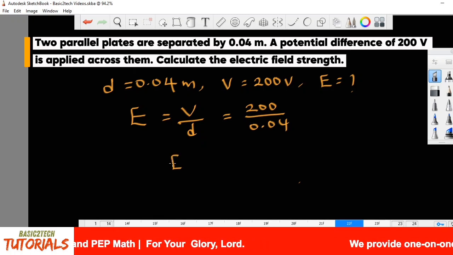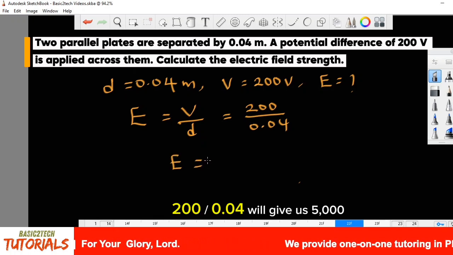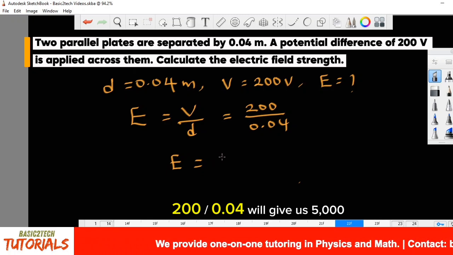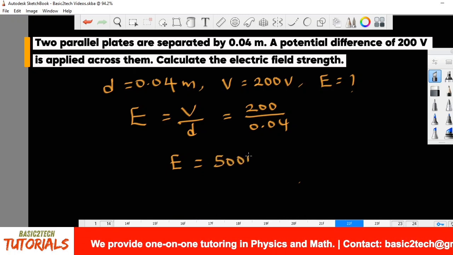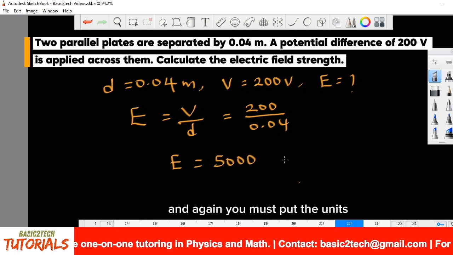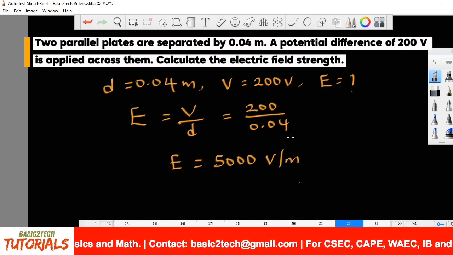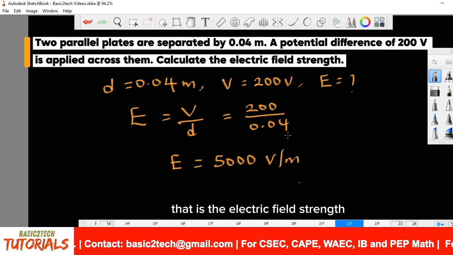So therefore 200 divided by 0.04 will give us 5,000. And again, you must put a unit, which is volts per meter. That is the electric field strength.